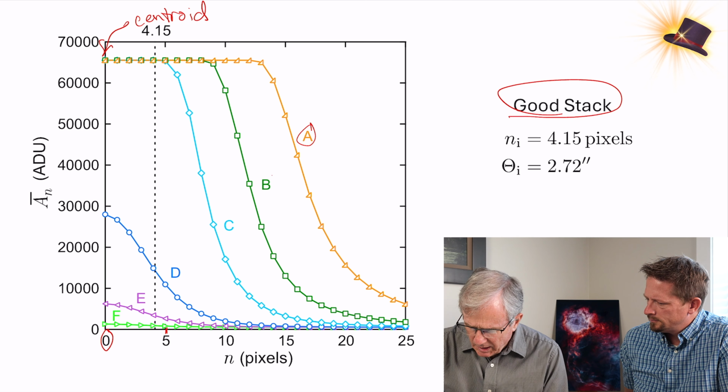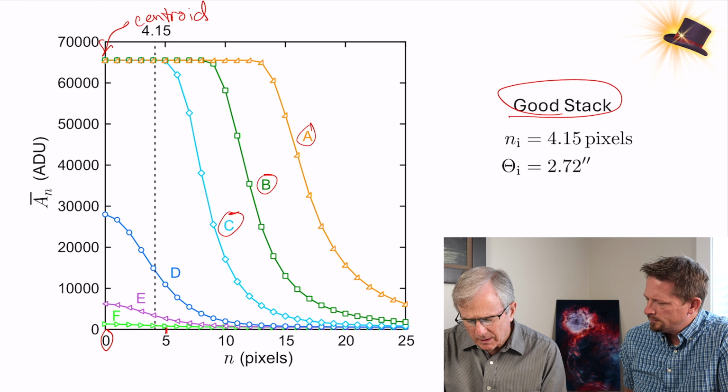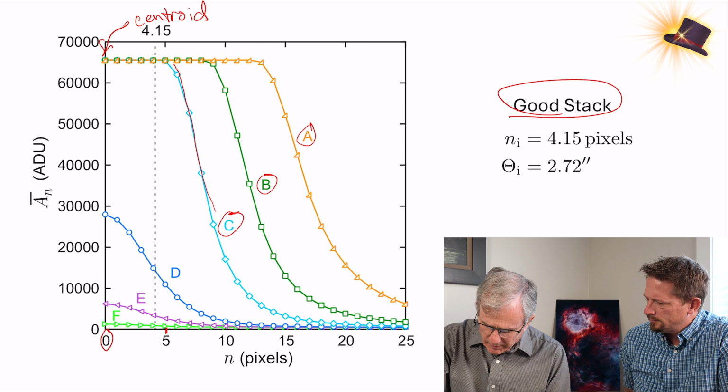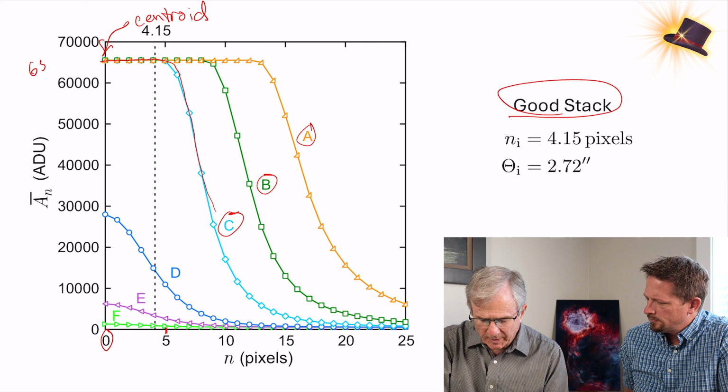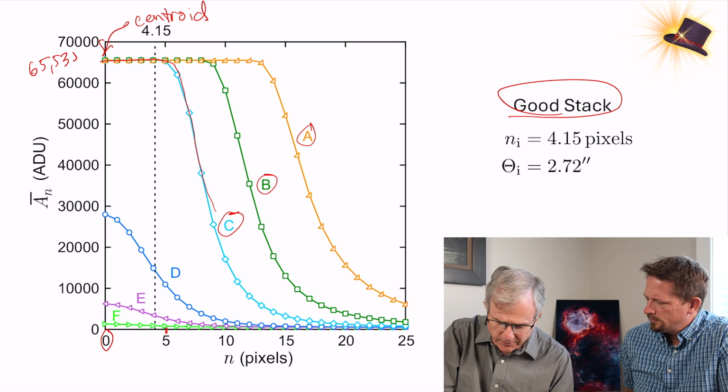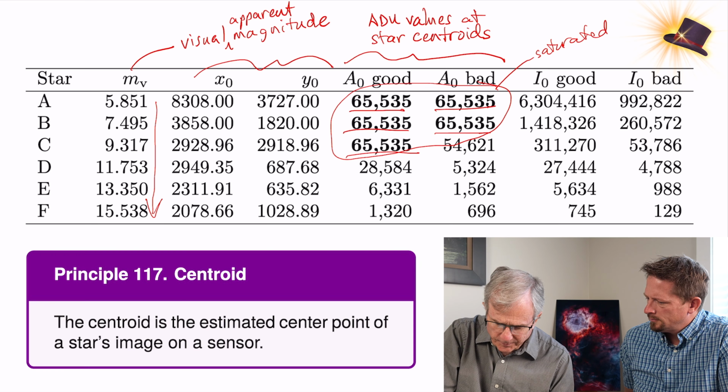Now what you can see here for stars A, B, and C is that they come up and then they saturate. And where do they saturate? They saturate at 65,535.